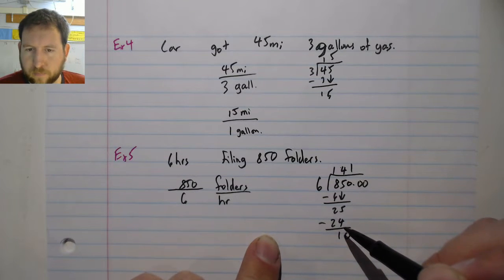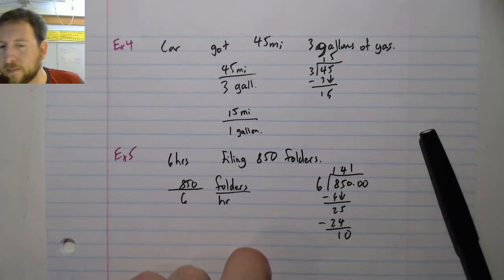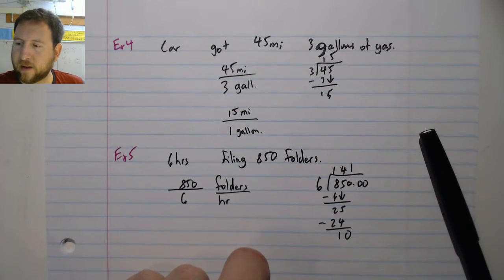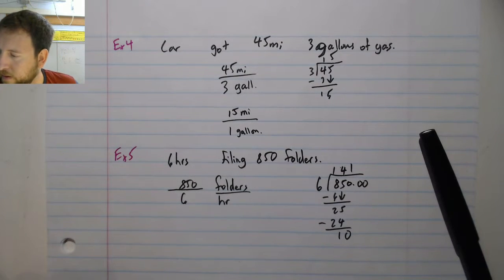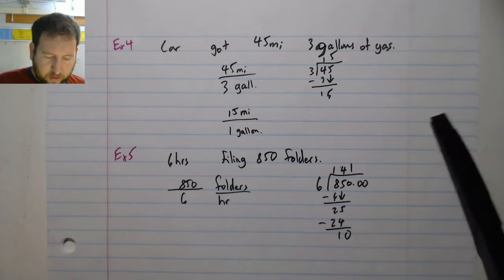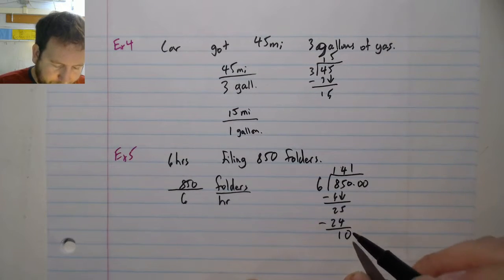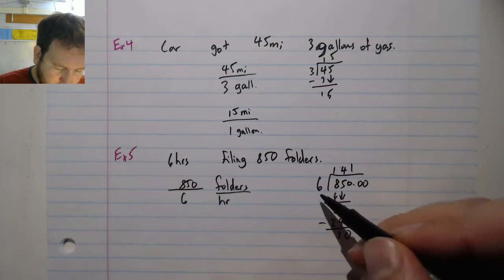Let's check on my calculator. Not sure if I made a mistake or if the book made a mistake, because they made a mistake earlier in this section. 850 over 6. Yeah, I thought so. Okay. So I was right.